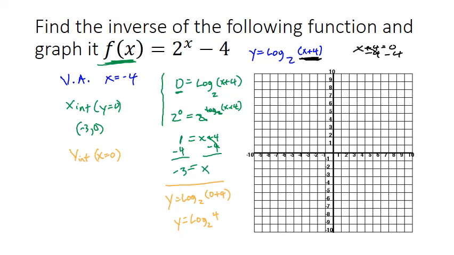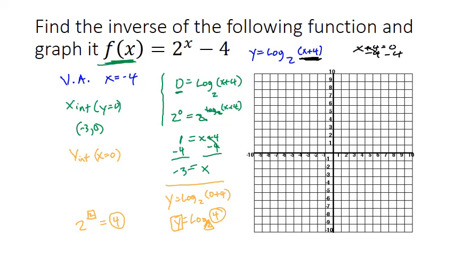In other words, we're asking what power, because logs are powers, what power would we raise 2 to in order to get 4? In other words, 2 to what power is going to give us 4? And we know that that has to be 2.